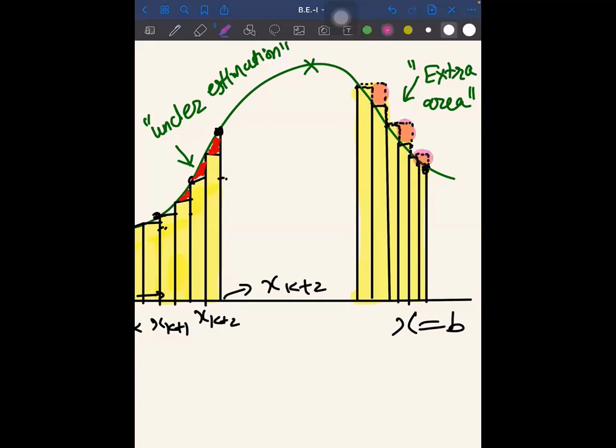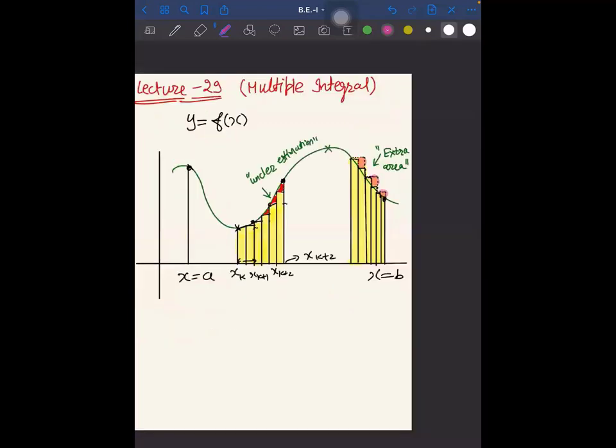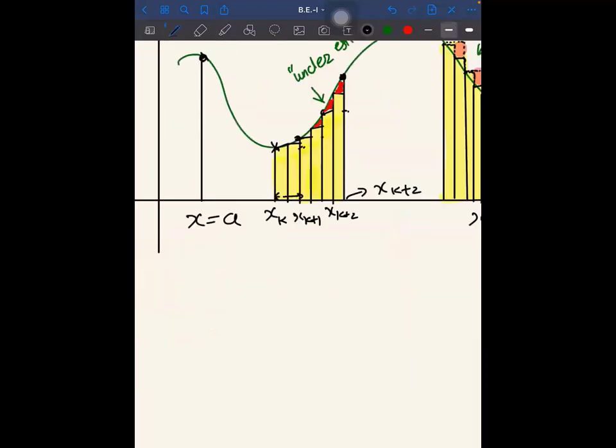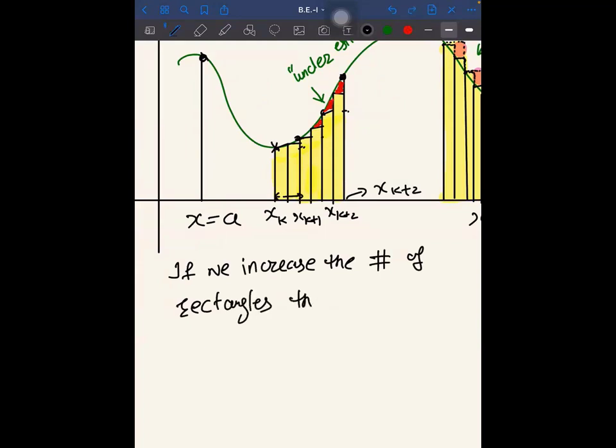So if you increase the number of rectangles, no matter what, the upper areas will go down and the lower areas will go up.